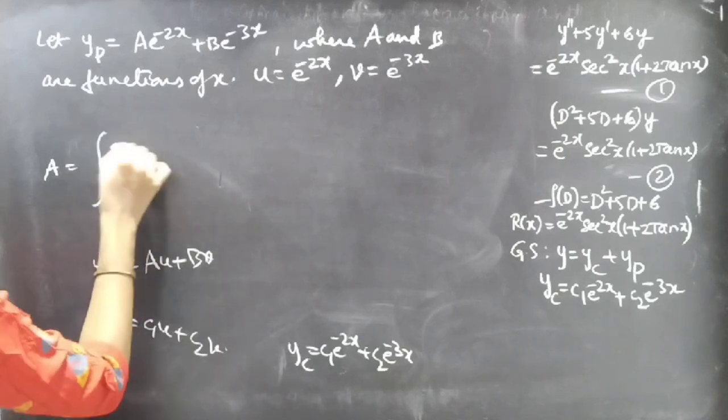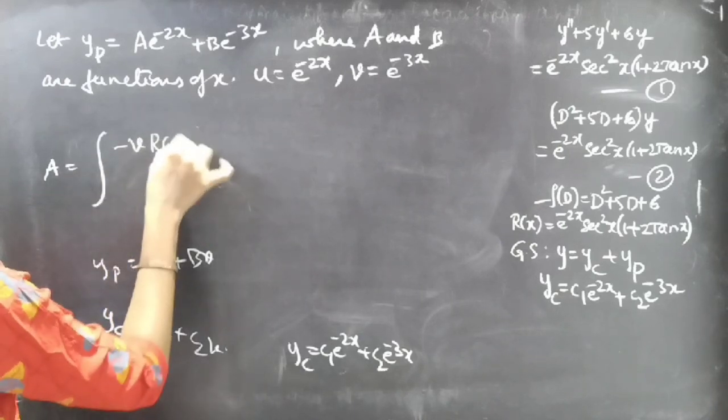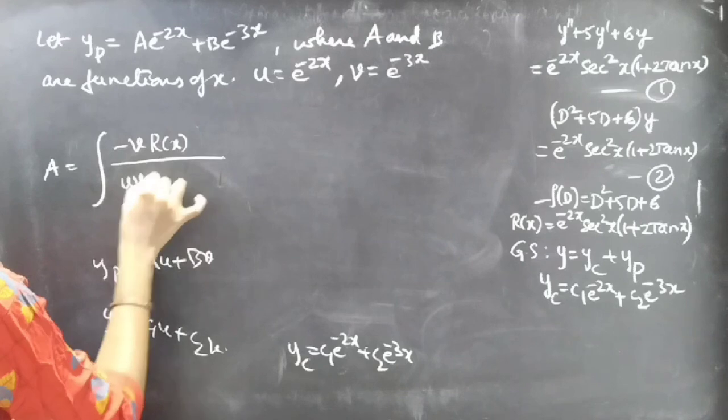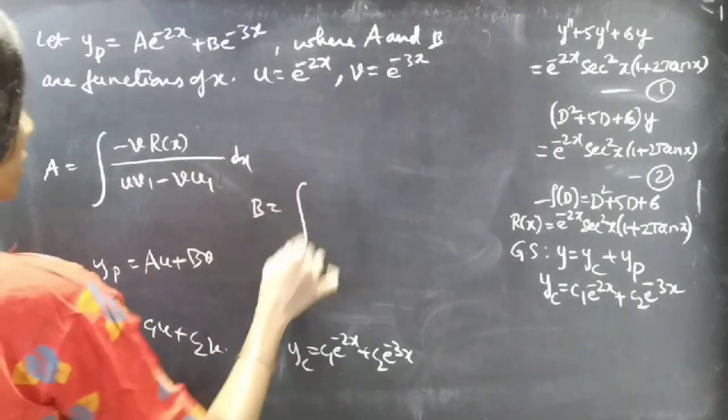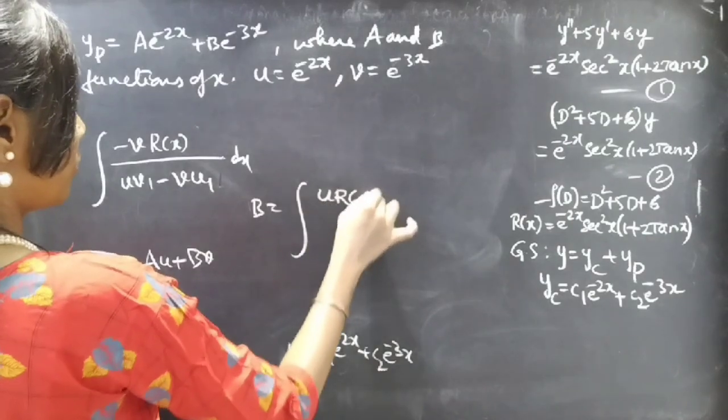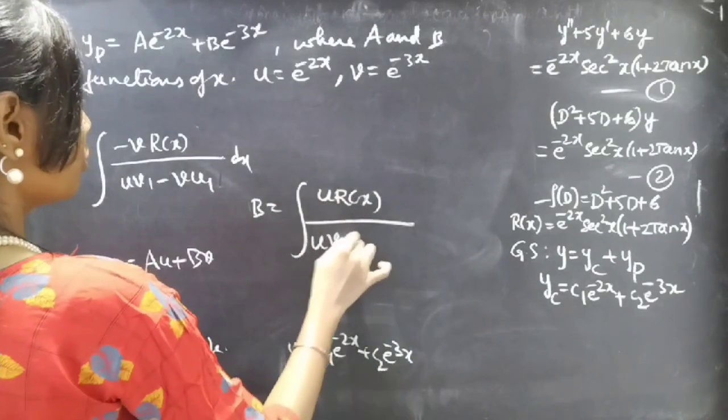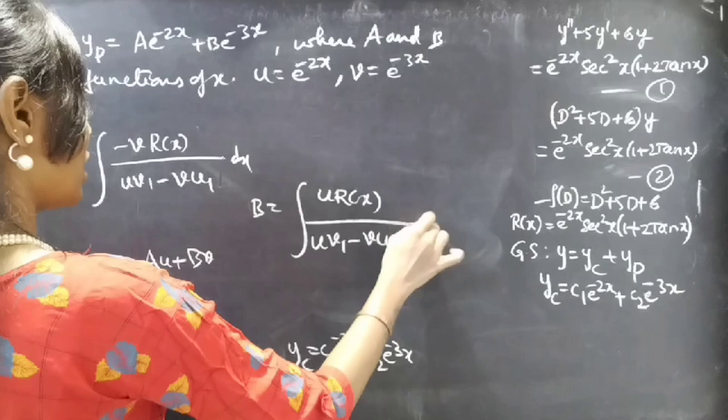A is given by minus integral v into r of x by u v1 minus v u1 into dx, and b is given by integral u into r of x by u v1 minus v u1 into dx.